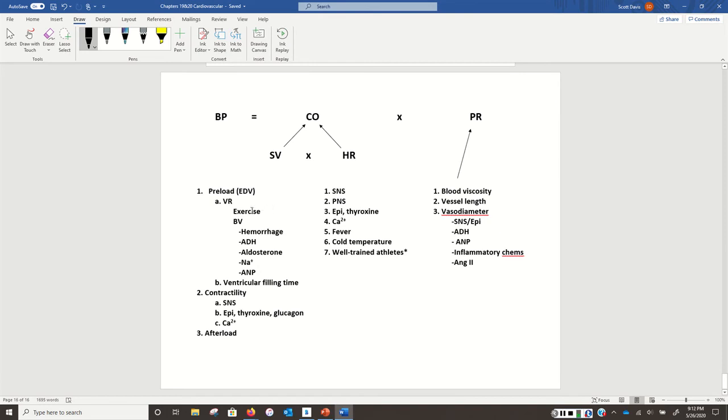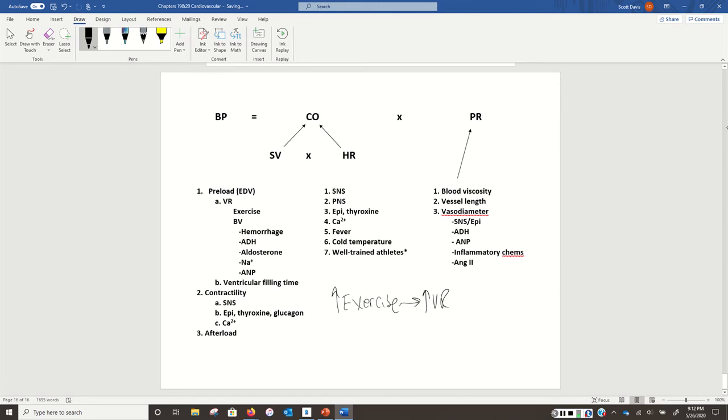Here, we want to talk about what exercise does directly. So when there is an increase in exercise, that's going to cause an increase in venous return for all those reasons that we just talked about.